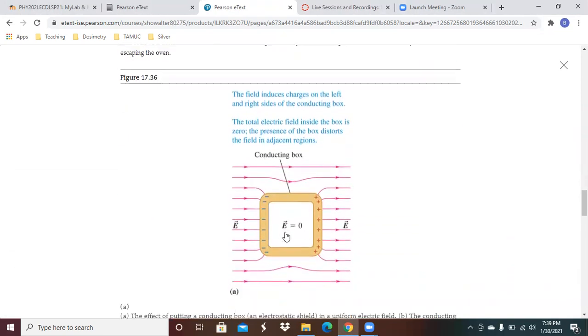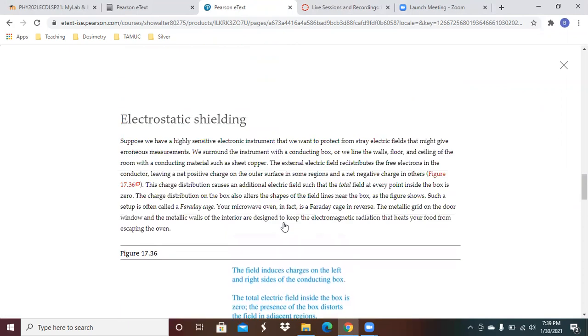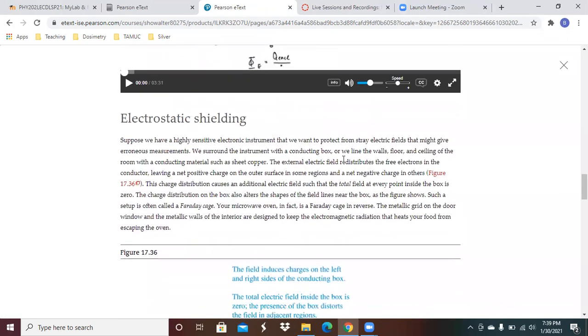So if we take a look here, we've got our instruments inside here. We put it inside a conducting box. So the total electric field inside the box is going to be zero, but we're going to have some charge over here and some charge over here, since we're trying to protect it, and it's in an external electric field.